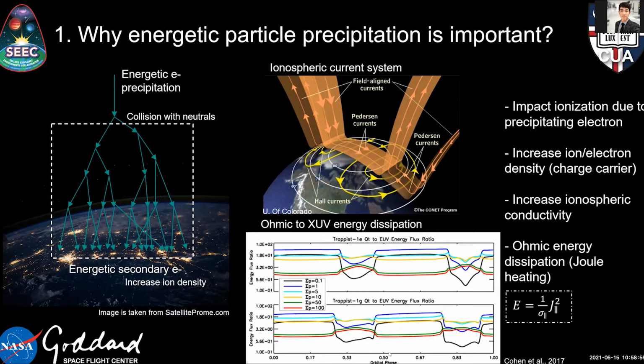Here you can see the ohmic energy dissipation compared to the EUV energy dissipation, with different conductivity values. Although further detailed calculation and simulation is required, this work shows the importance of Joule heating, and it can be comparable to or even larger than XUV heating.